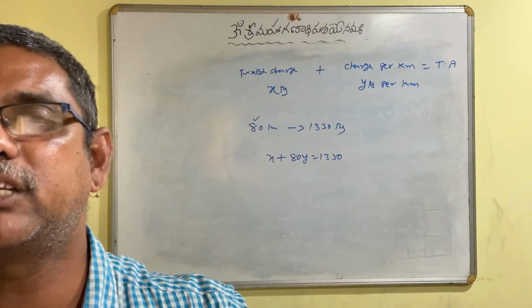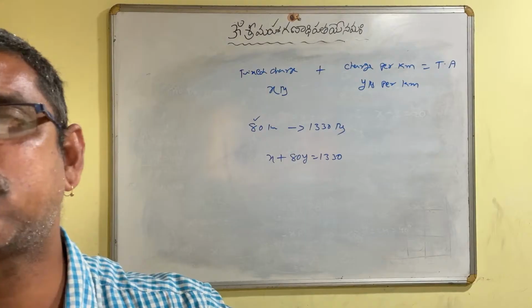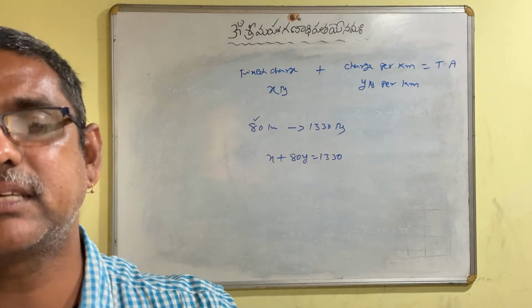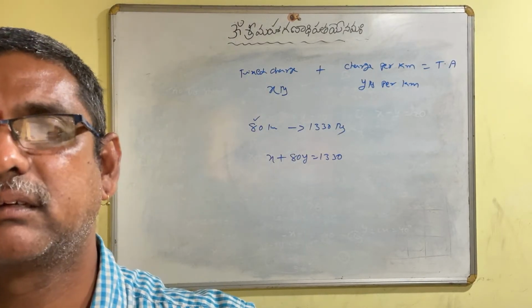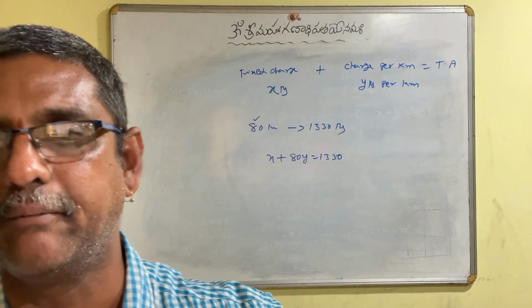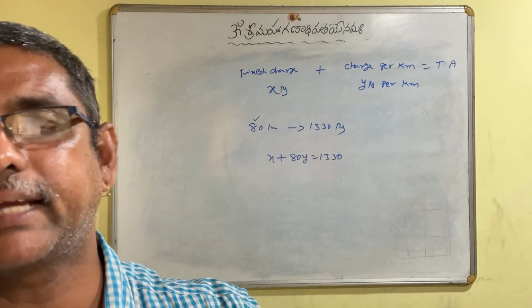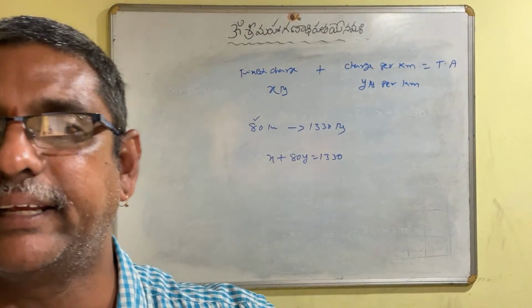Now since he travels 80 kilometers in that car, how much he has to pay? Fixed charge plus 1 kilometer y rupees, so 80 kilometers 80y. So x plus 80y is equal to 1330. This is equation 1.